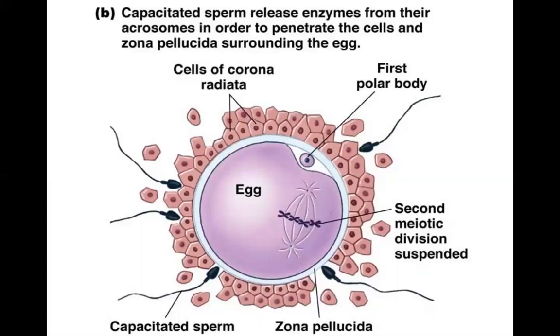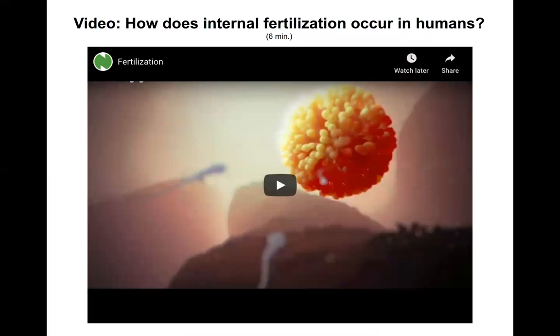They would then come together and realign themselves, forming a normal diploid cell, allowing the next step, which is fertilization, and then following that, mitosis to occur so that the body of the baby can be formed. Let's take a look at how this actually happens in a video clip.